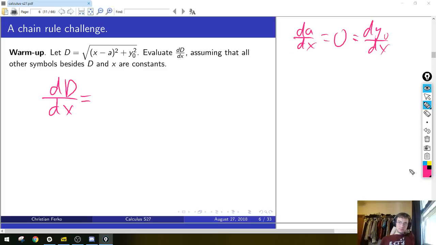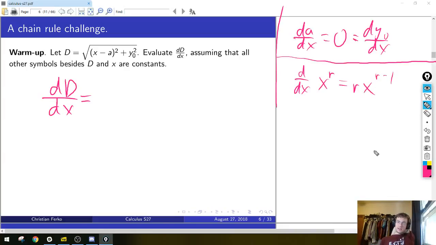I'm trying to remember if we have shown the n x to the power of n minus 1 rule for real numbers. Yeah, so remember in the logarithmic differentiation daily challenge, where you take the log of a function, then take the derivative of that, we use the log thing to prove that d/dx of x to the r, where r is any real number whatsoever, not just integers or fractions, is always r x to the r minus 1.